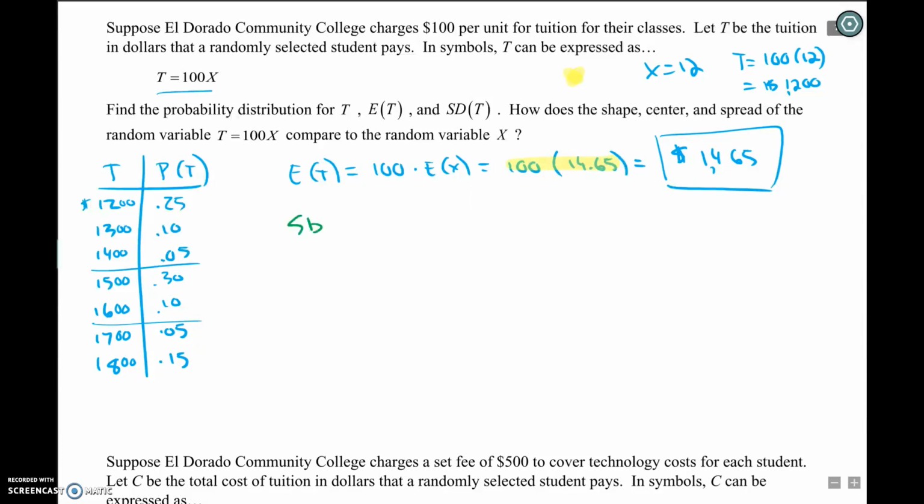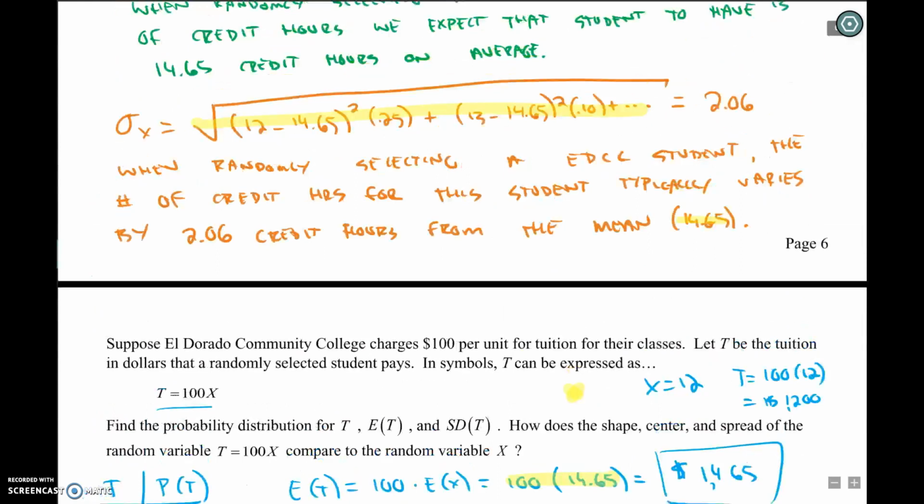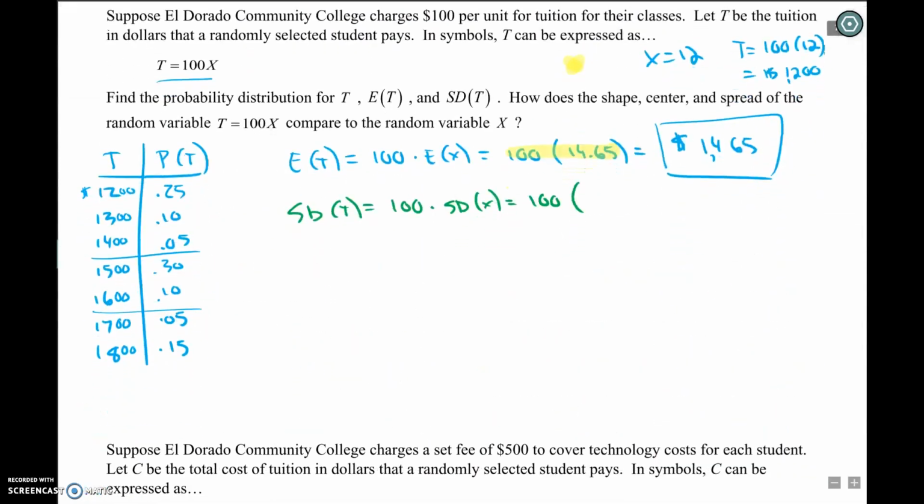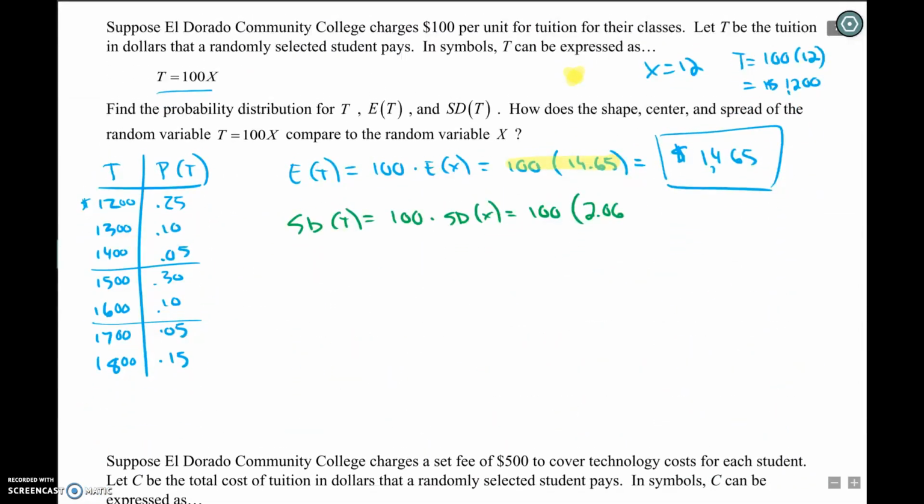Standard deviation. The standard deviation of t, because we're multiplying, measures the spread, so it is also multiplied. It's going to be 100 times the standard deviation of my x's. That is 100 times 2.06, so a standard deviation of $206.